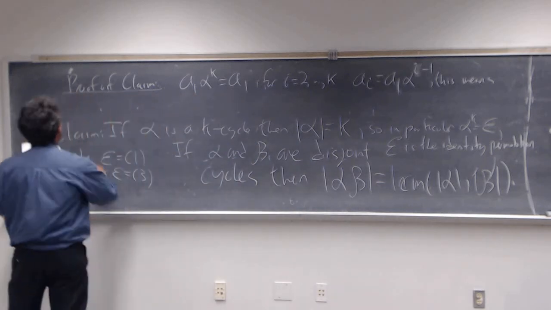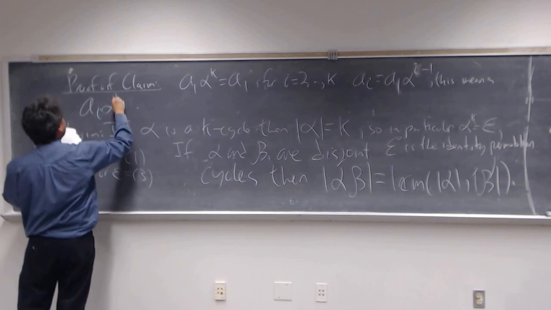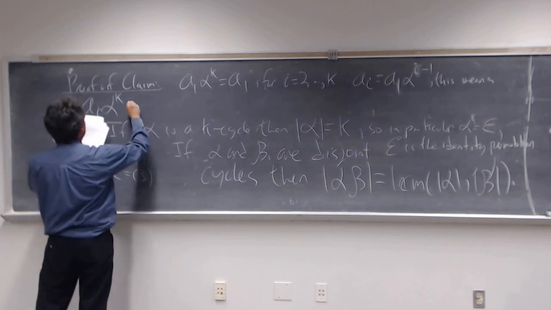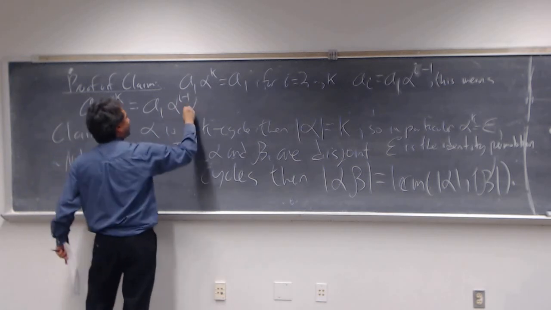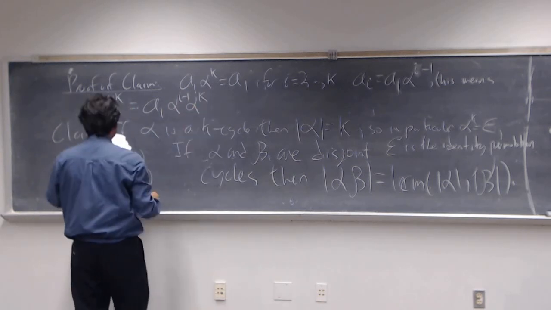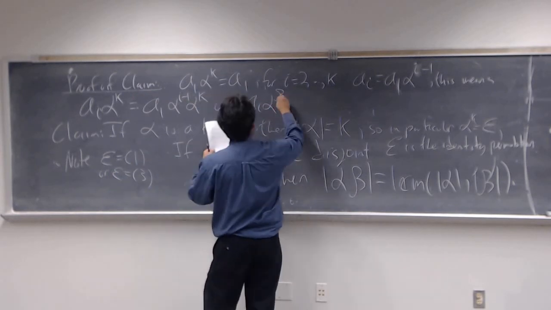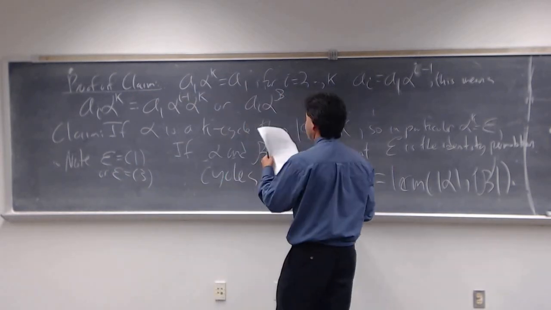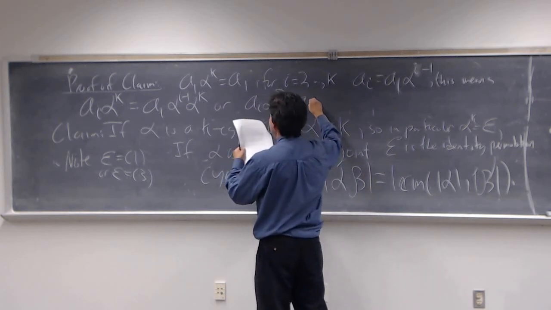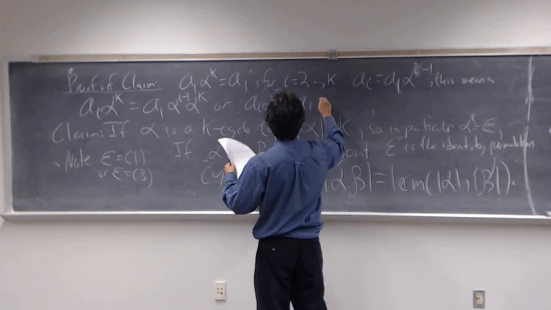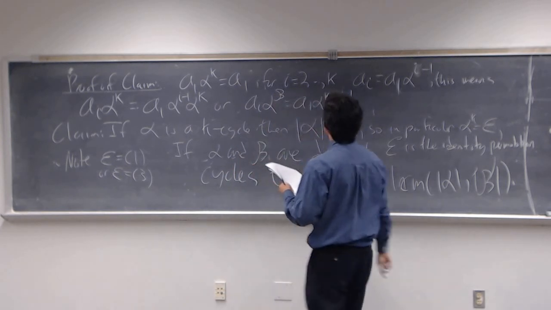Okay, so now we apply alpha to the K. A_i alpha to the K is A1 alpha to the i minus 1 alpha to the K, and if we add that together, we can switch the order, alpha to the K, i minus 1.